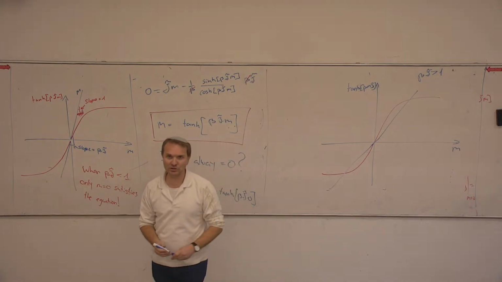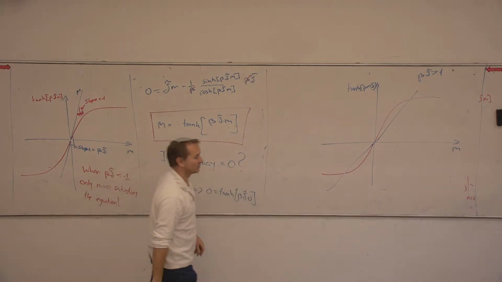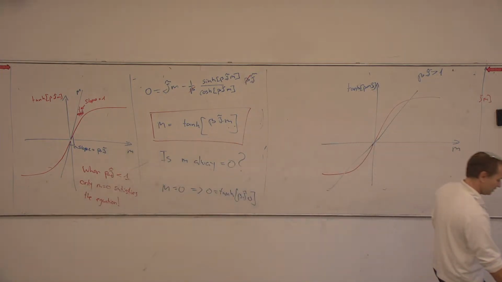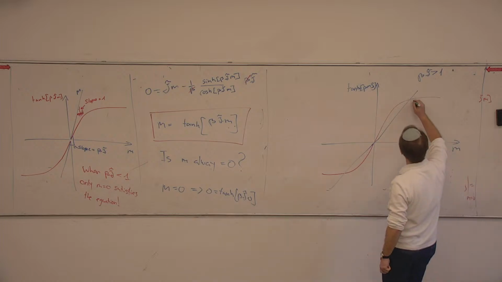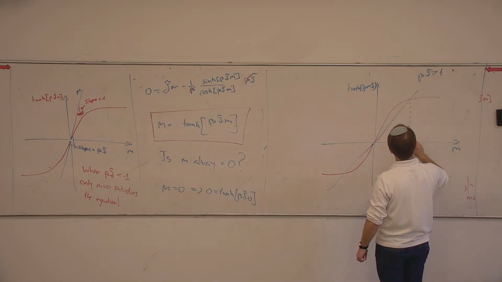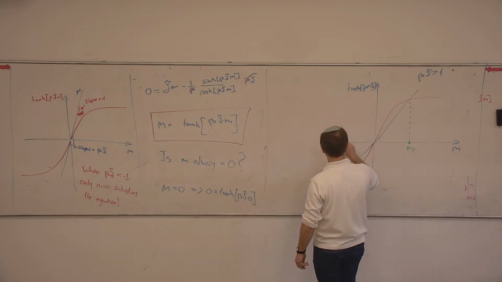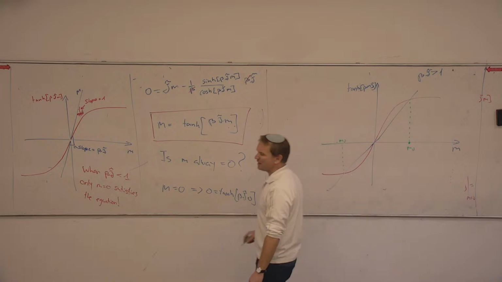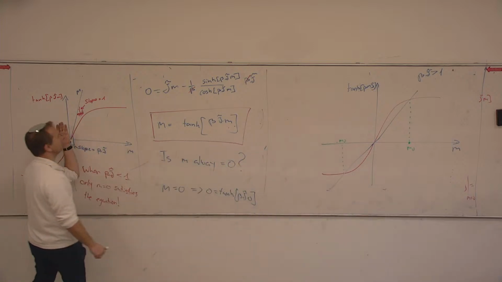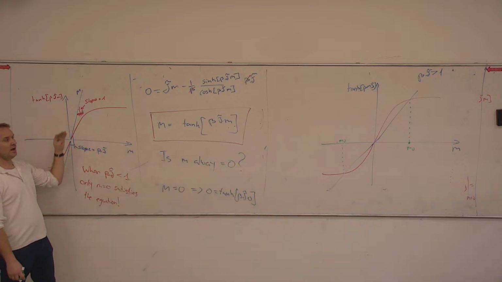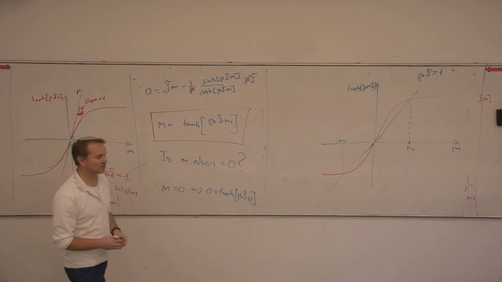So we're going to have two additional points, M0 and minus M0. And they're symmetric because of the anti-symmetry of the hyperbolic tangent.